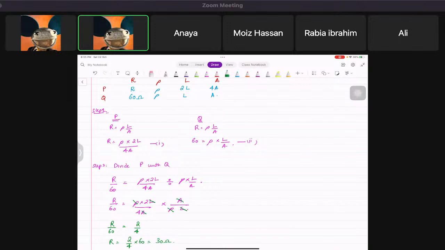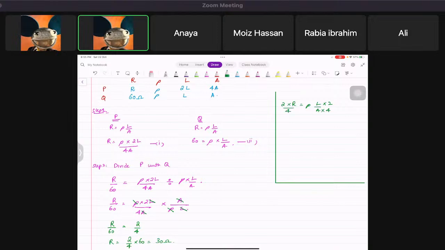But for those of you who are interested in getting away with that, I'll tell you the other method as well. I have this formula, R is equal to rho L upon A. If the length was 2 times, I multiply by 2 on the other side as well. And then I divide by 4 because the area was 4 times.